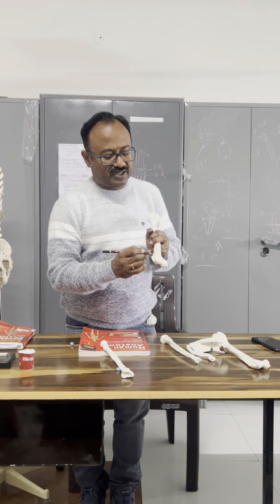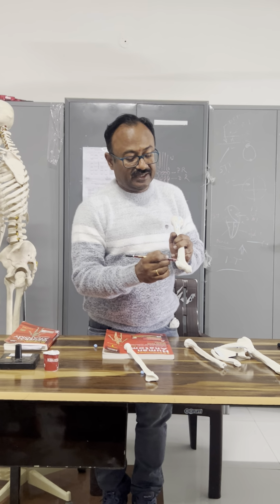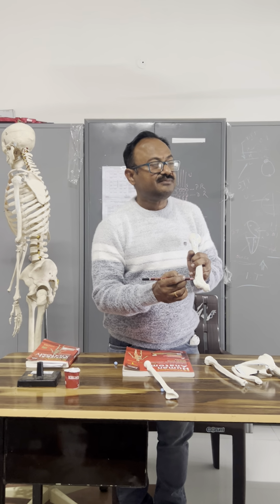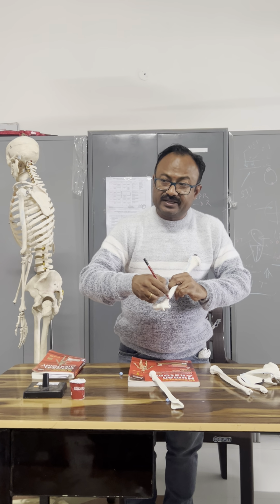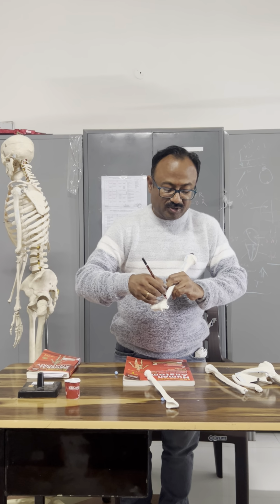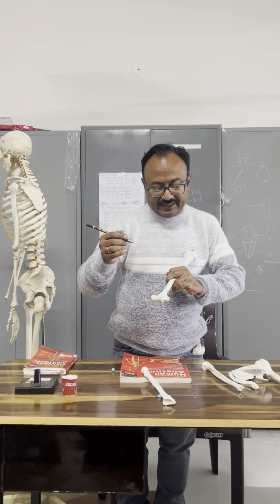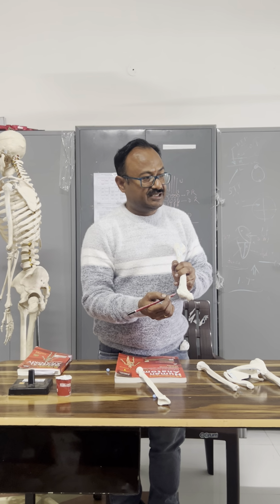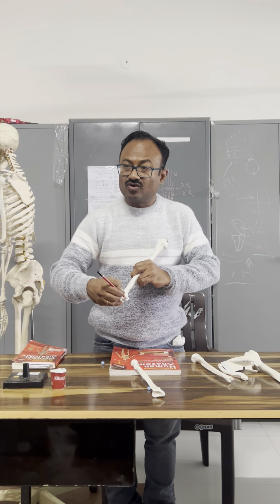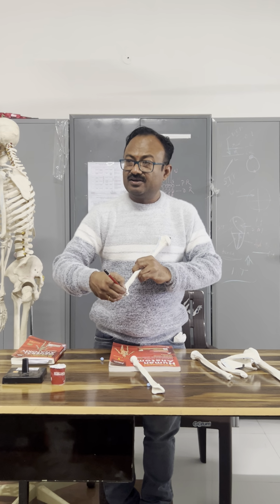Sorry. Brachioradialis. Okay, brachioradialis. And lower 1/3 part is extensor carpi radialis. Medial supracondylar gives origin to pronator teres, and this is the origin of common extensor origin. This is the origin of common flexor origin.